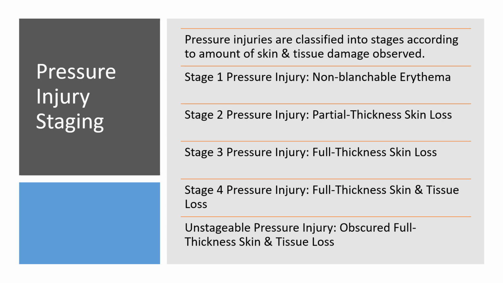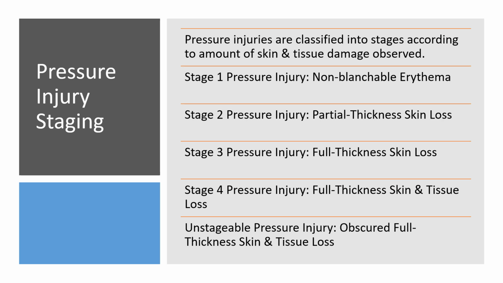In an unstageable pressure injury, there is full damage in the wound bed, and it cannot be determined because of the obscured full thickness skin and tissue loss. The wound is often covered with slough.